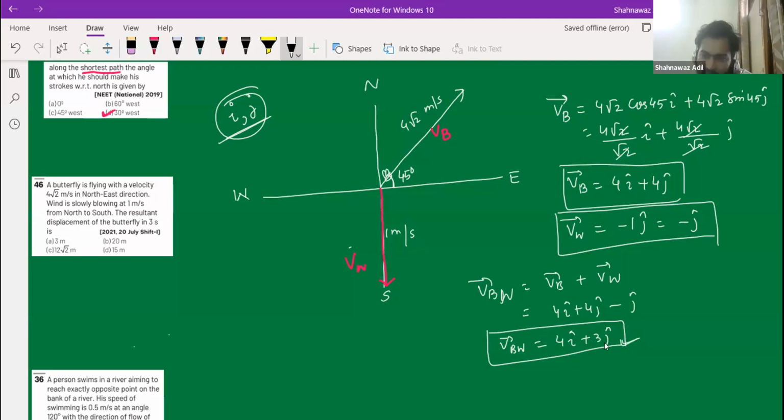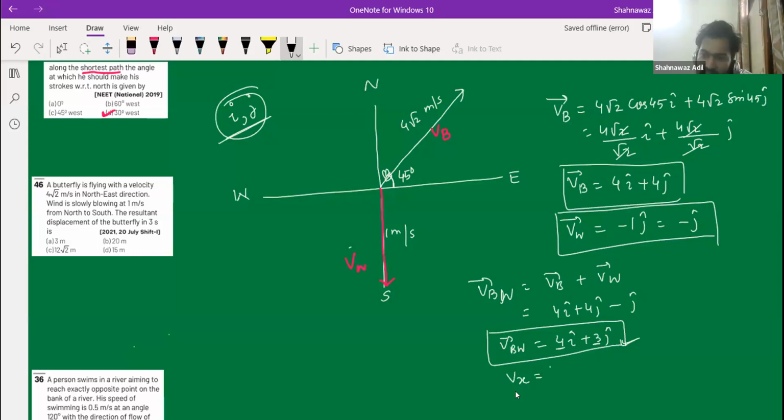It has an x component and a y component. So velocity in the x direction is 4 meters per second, and velocity in the y direction is 3 meters per second.